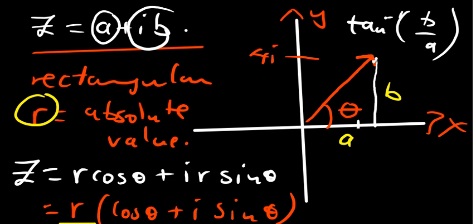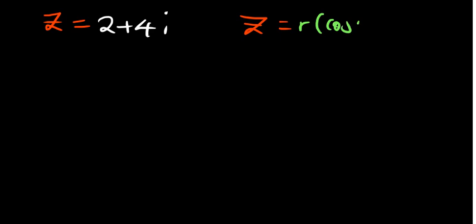Let's look at an example then. Let's say 2 plus 4i. How are we going to express this in polar form? Of course, you should be able to memorize this, but it's not a big deal, because whenever you're dealing with vectors, you have the sine and the cosine part.